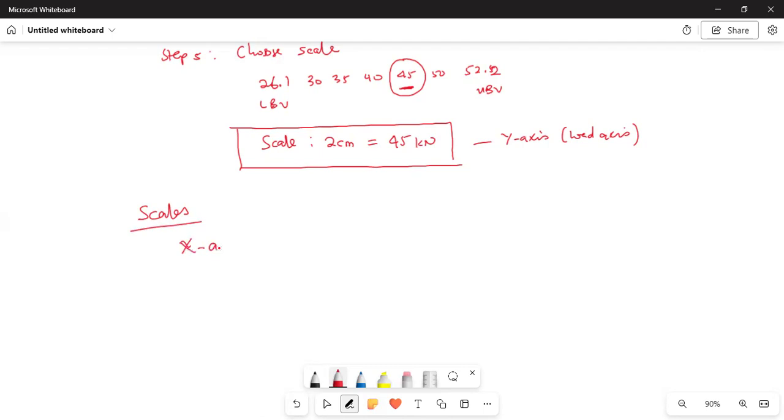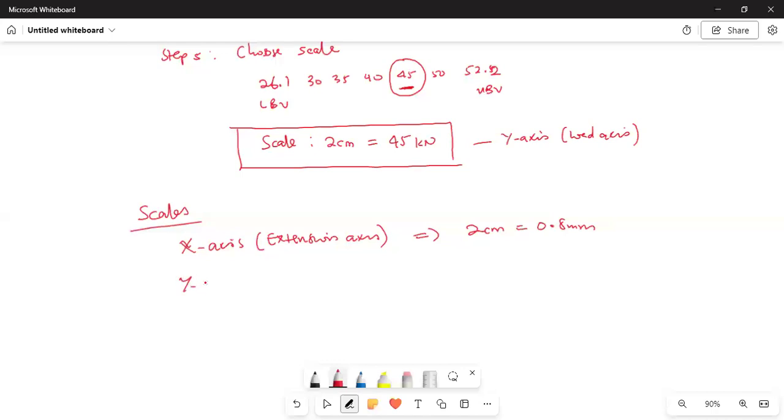X axis, which is actually the extension, we have 2 centimeters is equal to 0.8 millimeters.